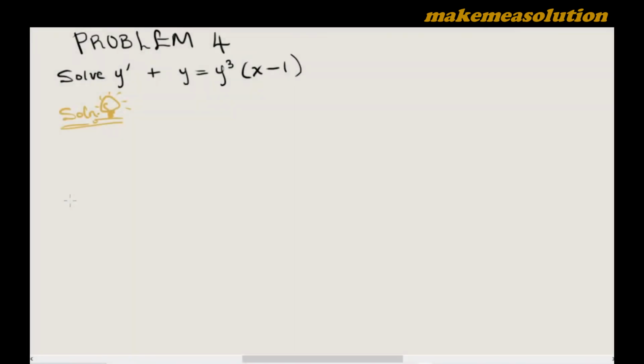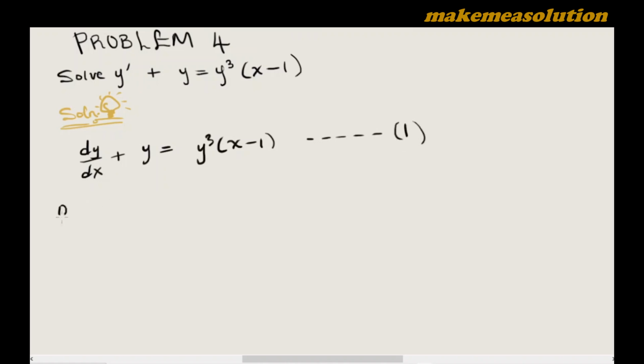Okay guys, this is problem 4 and the last problem in our series for Bernoulli's differential equations. So in problem 4 we have y prime plus y is equal to y cubed into x minus 1. As usual, you're going to convert y prime to dy dx plus y is equal to y cubed into x minus 1. This is equation 1.